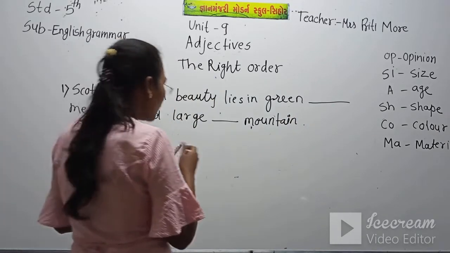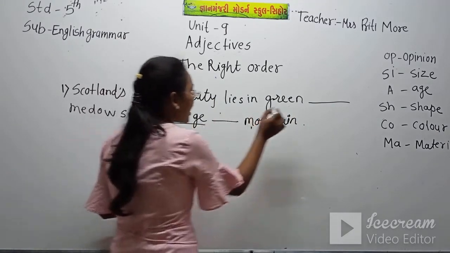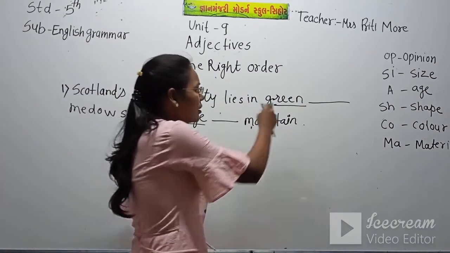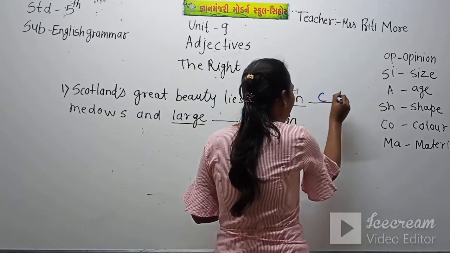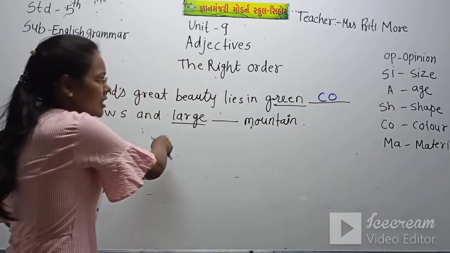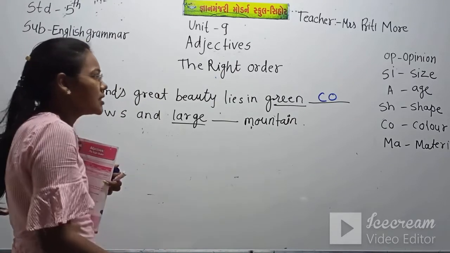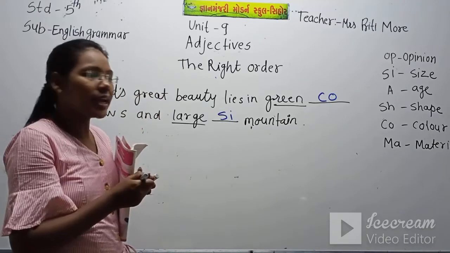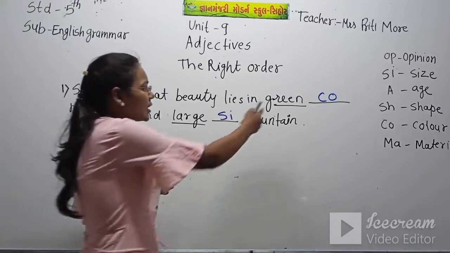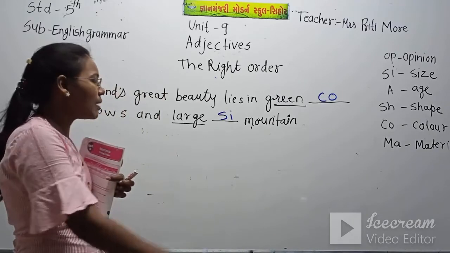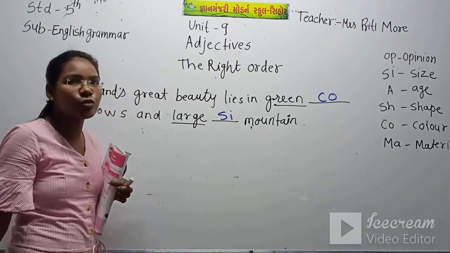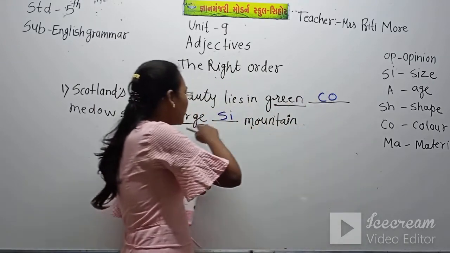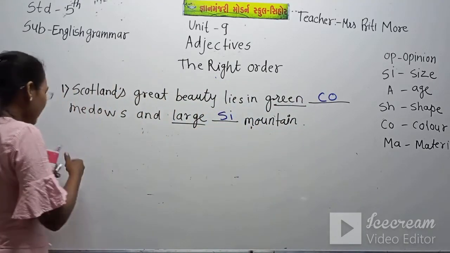Now two highlighted words are there: large and green. Green is color, so for color we write CO. Large means size, so we write SI. Green is in bold black color, and large is also highlighted. So for color we write CO and for size we write SI.